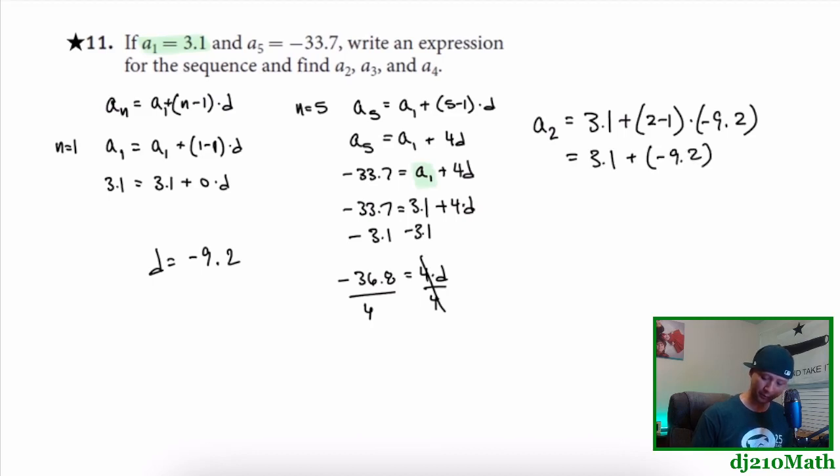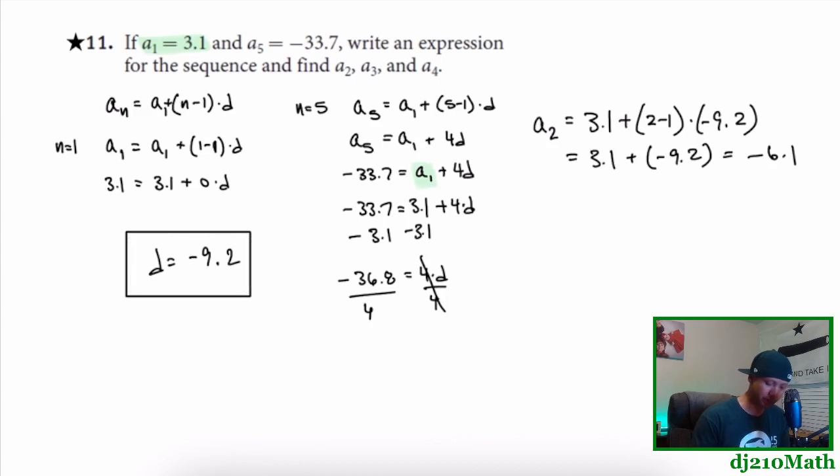So a sub 2 is really going to be negative 6.1. In fact, we probably don't even need to do that because I know what the common difference is. We can just say 3.1 minus 9.2, that's negative 6.1. Then a sub 3 is going to be negative 6.1 minus 9.2, so that's going to be negative 15.3.